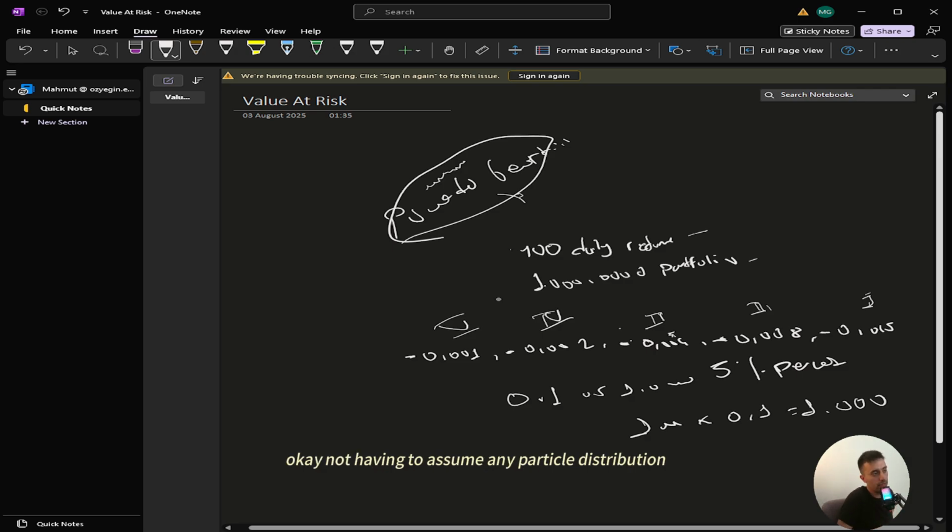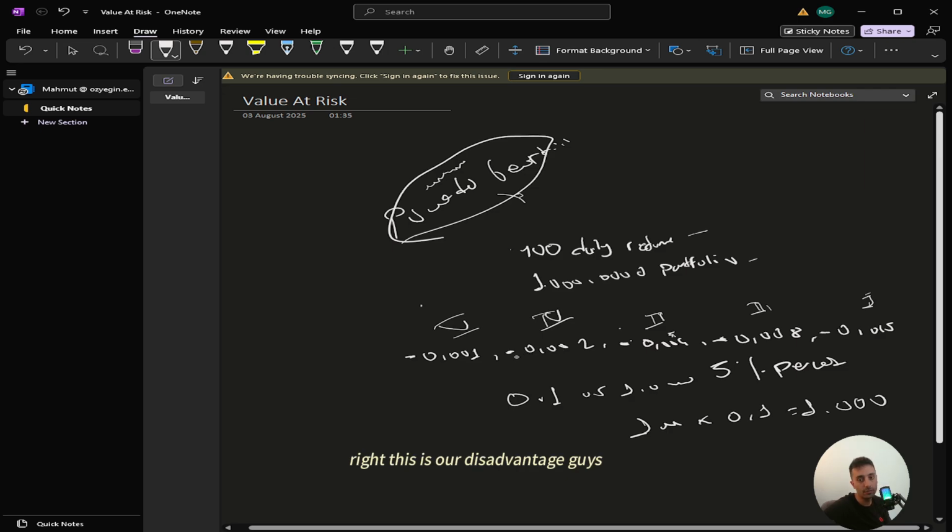Okay, not having to assume any particular distribution means non-parametric. And it assumes past performance here. We are looking at past performance here, and assumes past performance is representative of what can occur in the future, right?